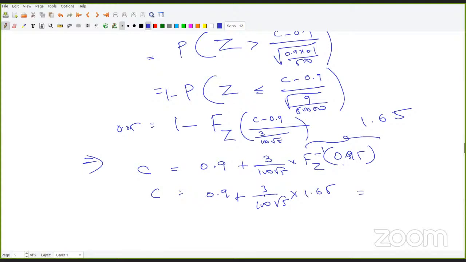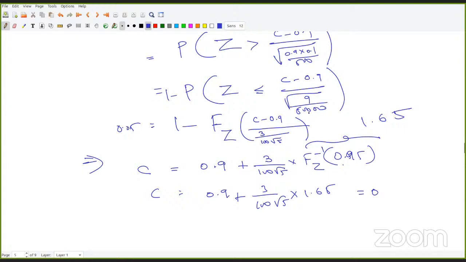So what will be the value? Something like 3 times 1.65 divided by 100 root 0.9. Is it 10 root 5? This is 5 lakhs, right?